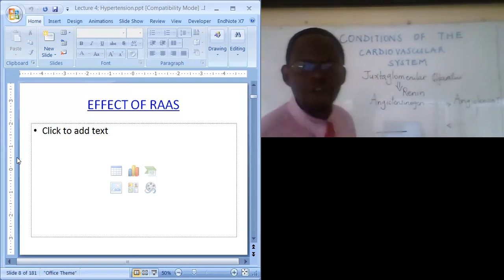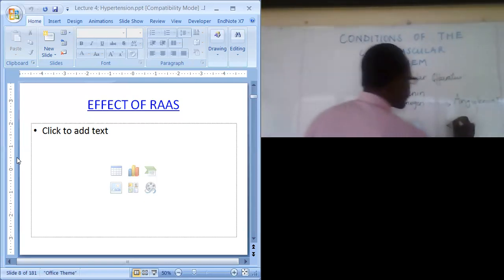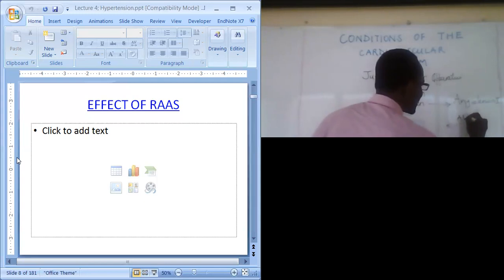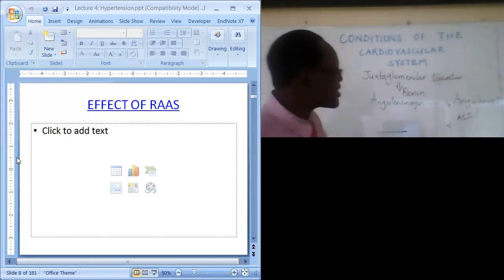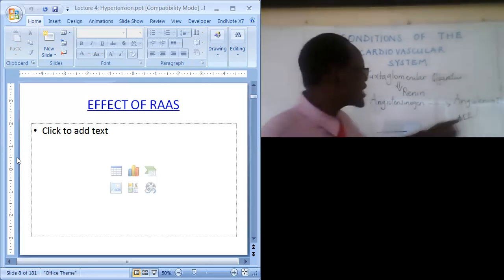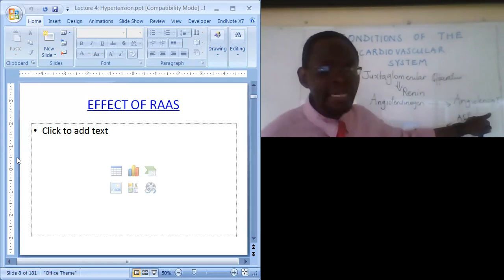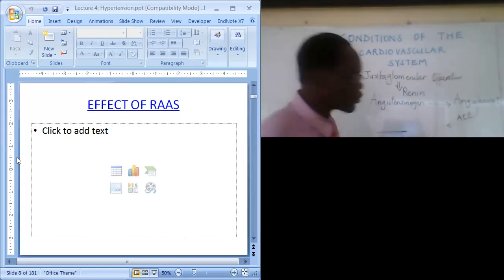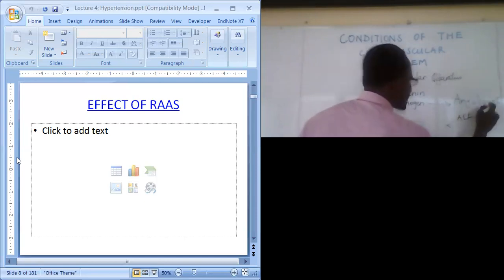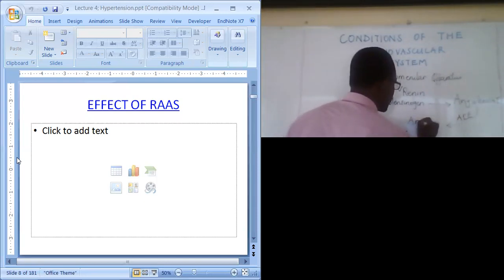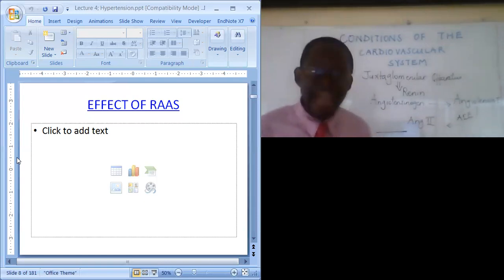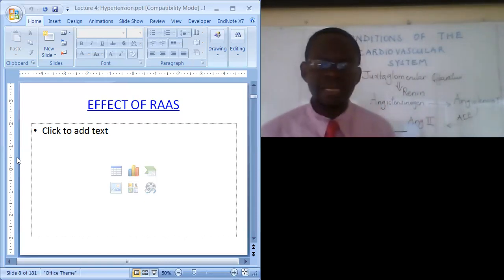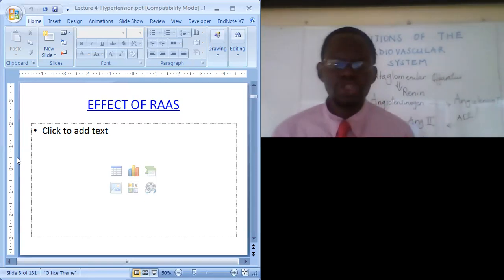This angiotensin converting enzyme causes conversion of angiotensin 1 to angiotensin 2. Now, this angiotensin 2 is a very potent vasoconstrictor. In other words, it causes vasoconstriction.